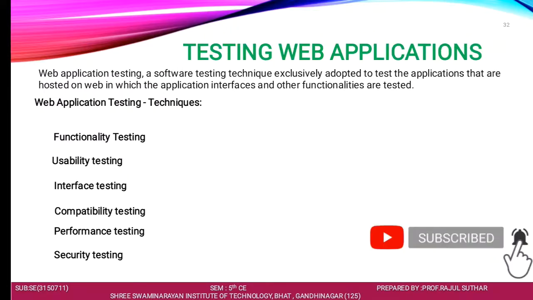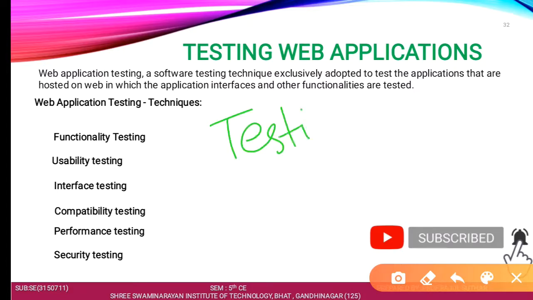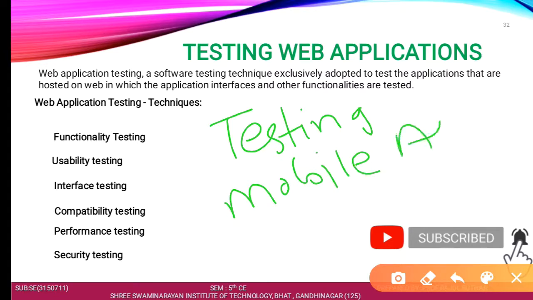One important point also covered: testing the mobile application. So what do we mean by testing the mobile application? Mobile application testing is the process by which application software developed for handheld mobile devices is tested for functionality, usability, and consistency.